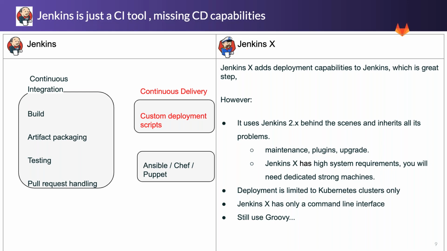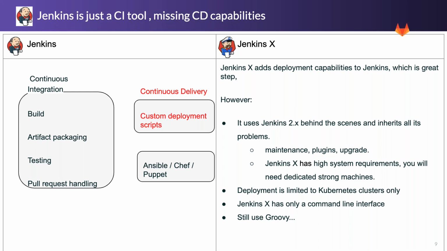It provides CD capabilities and containers and Kubernetes integration, but it inherits the problems that Jenkins has, simply because Jenkins X is not new code, it is a patch of functionality on top of Jenkins 2.0. So all of the problems like maintenance, plugin, upgrade, it inherits, and at least for now, if you install Jenkins X, you have all of those problems.